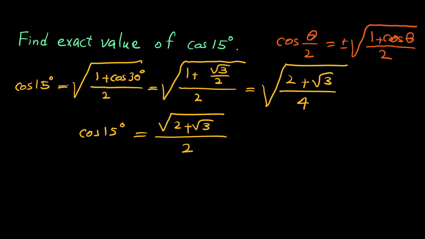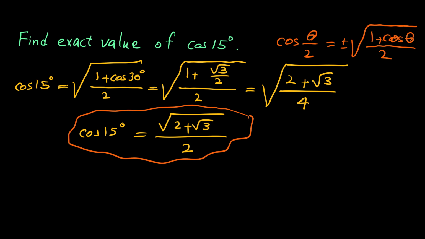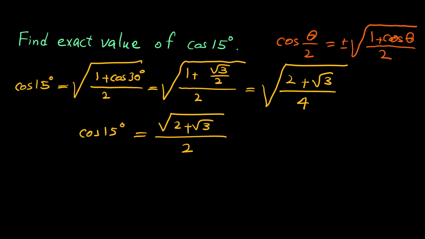Now, if you compare this answer with the answer that we can get from the other method using the difference formula, you will see that the answers seem to be different, but actually they are the same. Let me show you what answer we get if we use the difference formula.